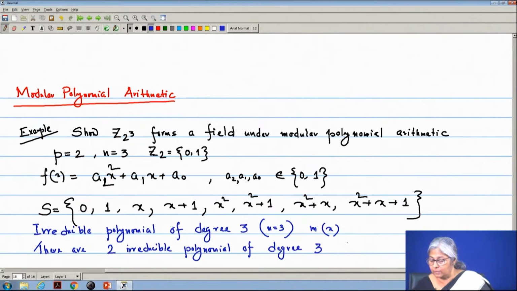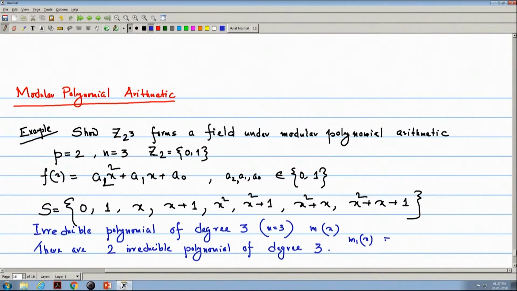One is m1(x), which is 1 plus x plus x cube, another is m2(x), which is 1 plus x square plus x cube. So, I have to choose any one of these.